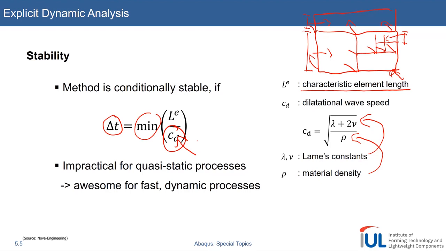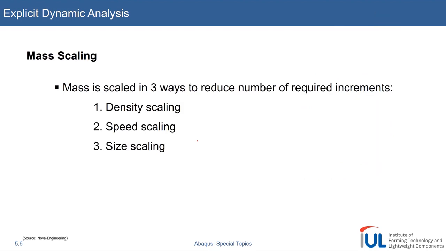I told you that with explicit dynamic analysis, we're talking about real time here, and if a real process takes 10 seconds, your simulation would run for days or even weeks. But maybe there is a way around this. And luckily there is.